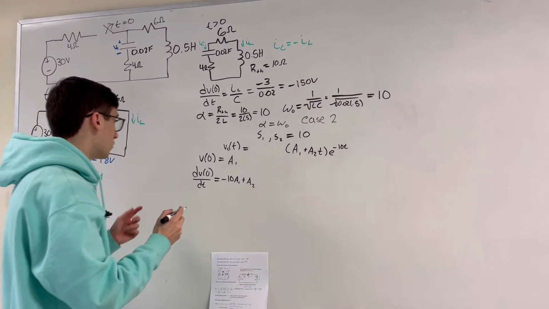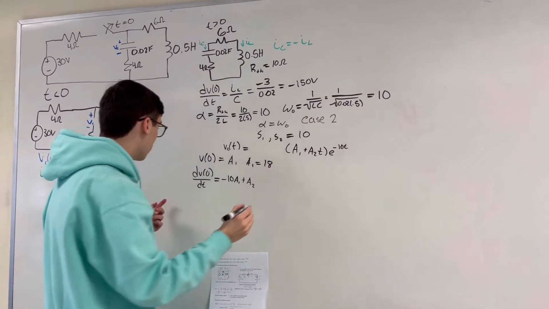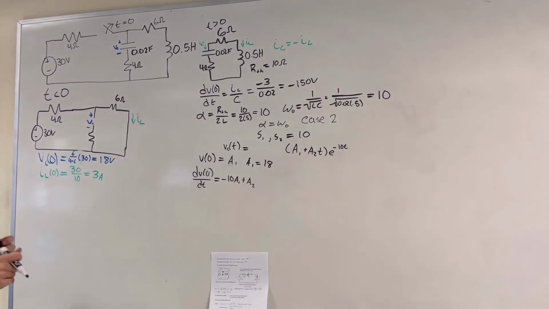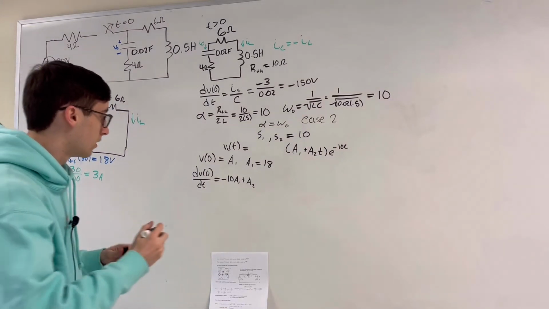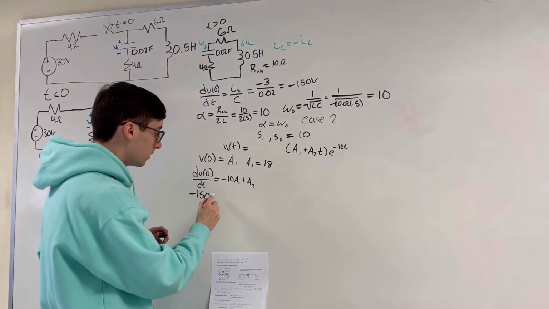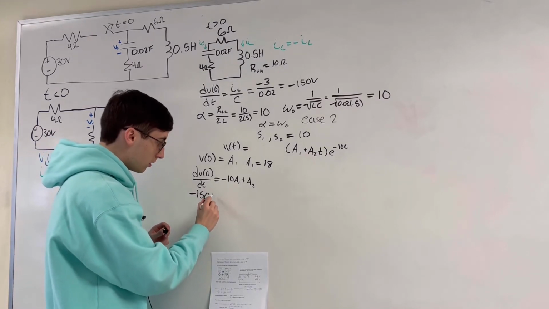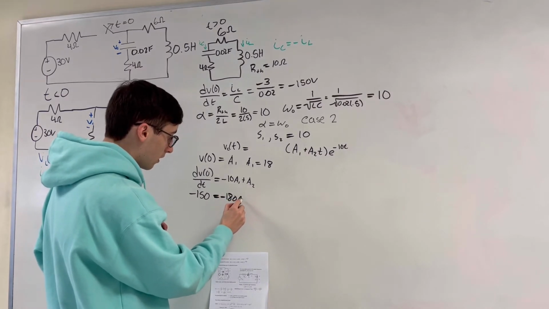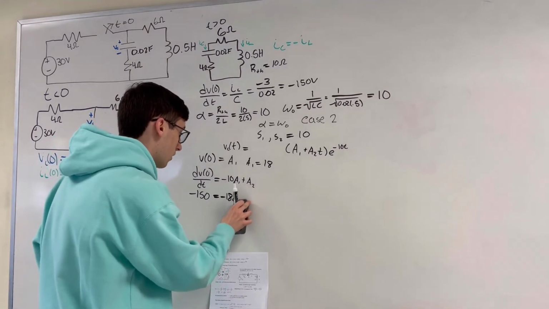All right, so just going by the top line, A1 is equal to 18 volts, or just 18. This comes from this initial condition over here. And then we're going to have negative 150 is going to be equal to negative 180 plus A2.